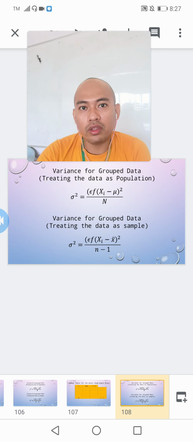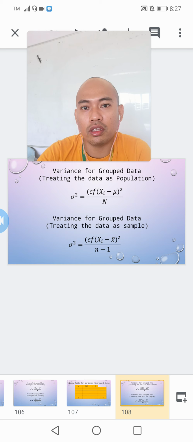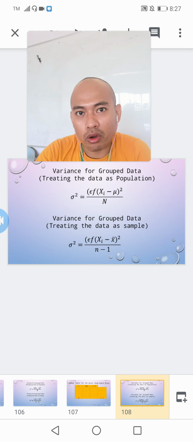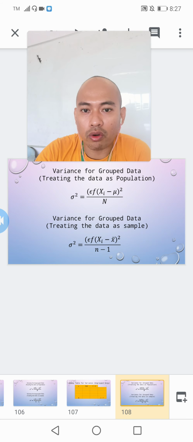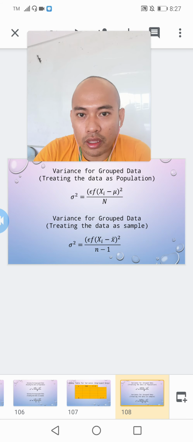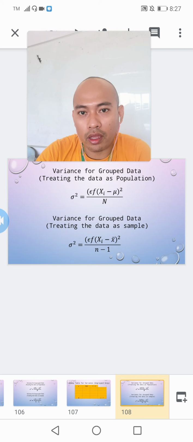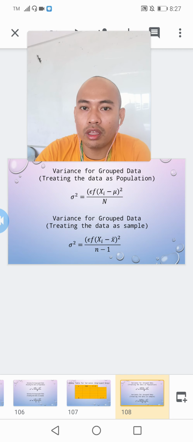If we treated the data as a population, we will be utilizing the upper formula. While if we are treating the data as a sample only, then we will utilize the lower formula. Again, we will subtract 1 from n, and that will be the degrees of freedom, since we are treating the data as a sample.